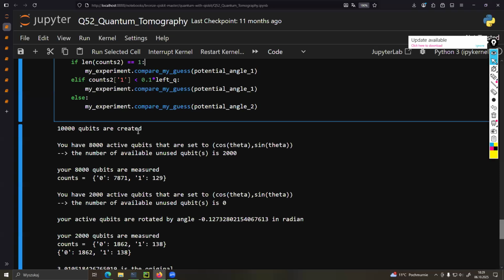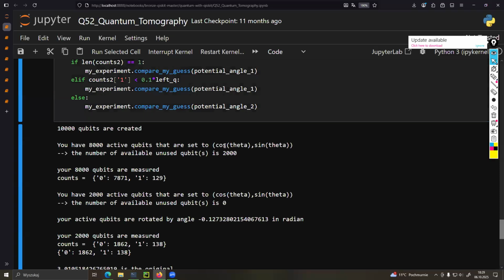So we can say that this is like having a grant on the IBM backend. And now they are set to some angle. This qubit is set to some angle. And through the experimentation, we get the results. There are counts that are 7,800 and 130 respectively, with respect to 0 and 1.